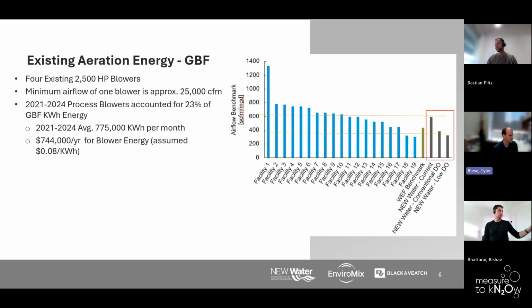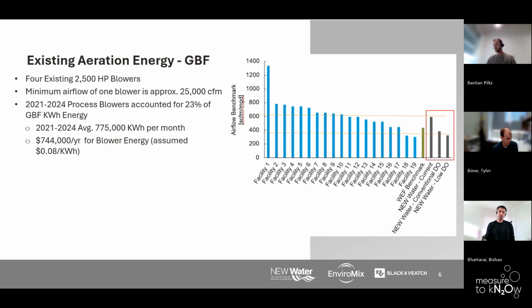These bigger process blowers account for 23% of our facility's energy demand, around 775,000 kilowatt hours per month, or $750,000 per year in blower energy. So if we can reduce that by installing new blowers, that would be a huge energy savings for our facility.